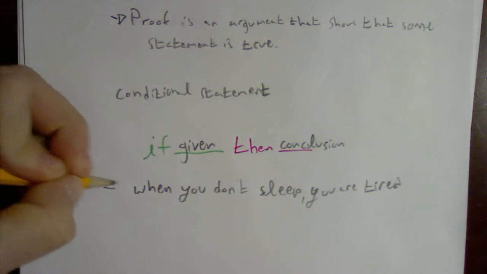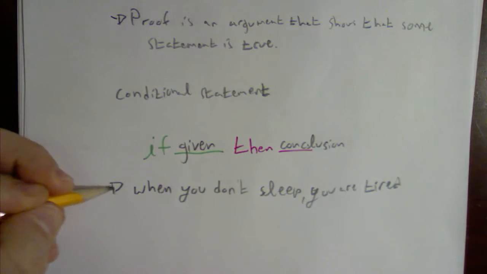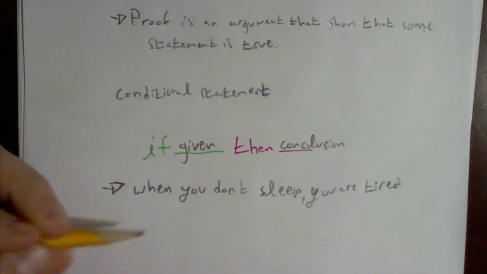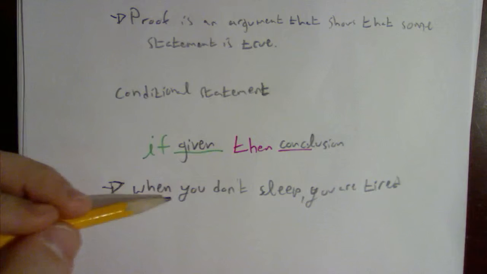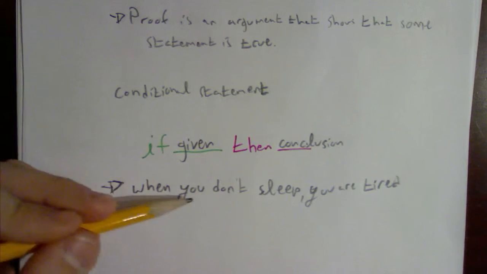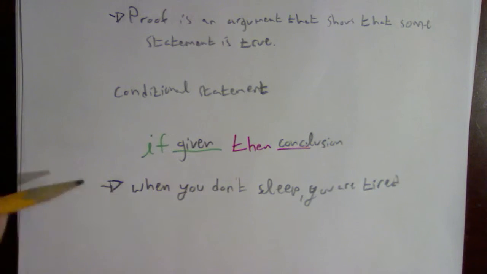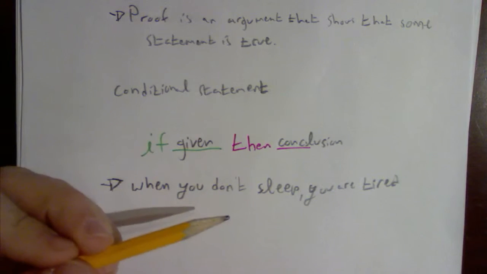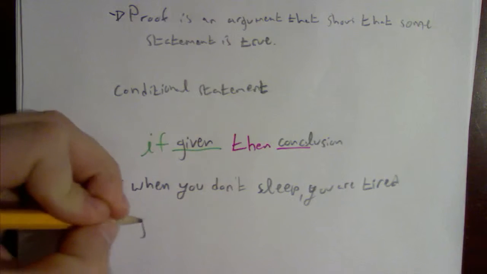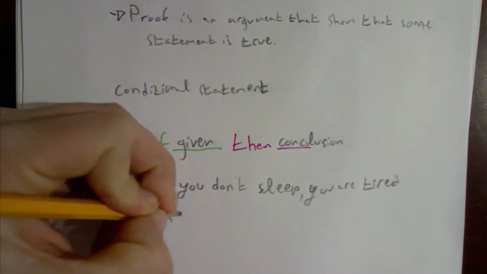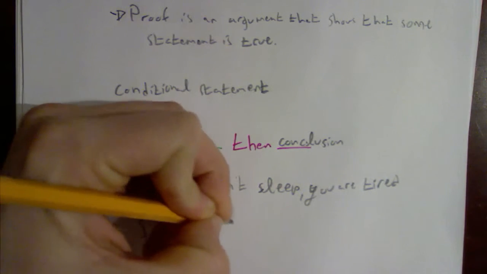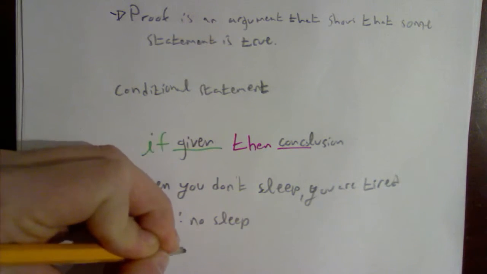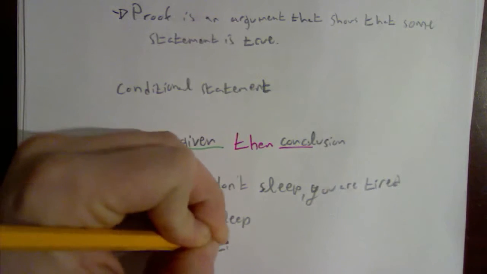When you don't sleep, you are tired. This is a conditional statement, even though it doesn't look like the if-then. You can very easily take something out of here, take it as your given, something you start out with that you know, and then come up with an ending. Well, you know when you don't sleep, then you're going to be tired. So I can take my given is no sleep, and that's going to end with tired.